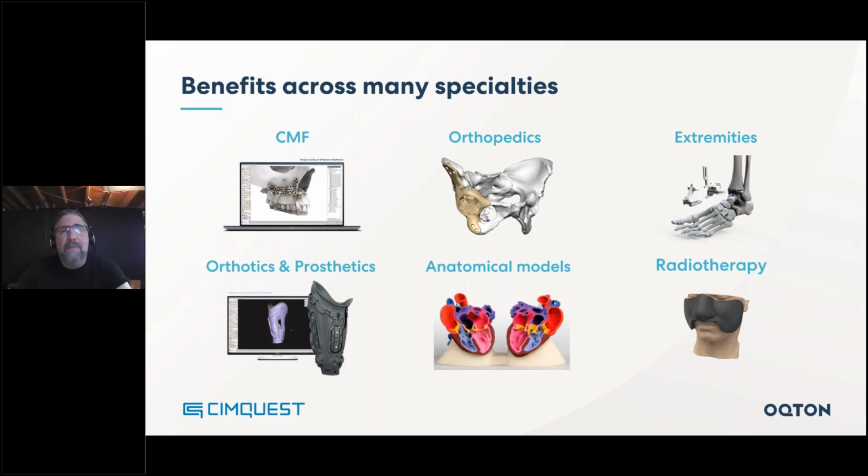This is a rapidly growing section where very close fitting devices are required to deliver treatment to a defined area. Freeform is ideal for this based off of scanned patient data and the ability to create the designs very quickly and effectively. So this is just an overview. This is by no means a complete list of the areas that we're being used in.